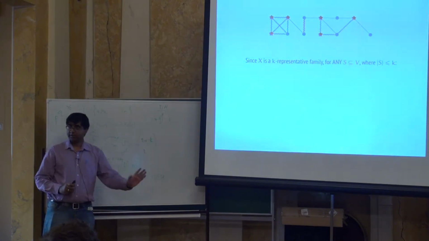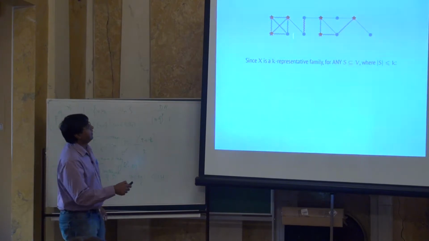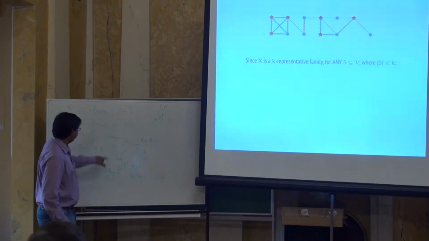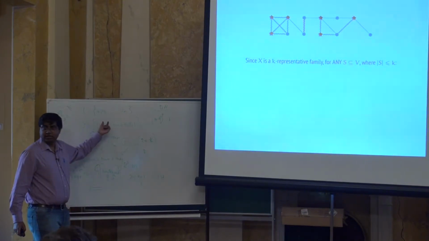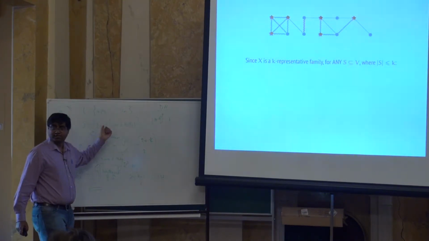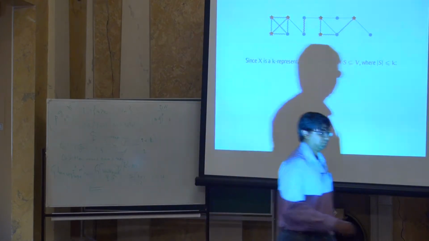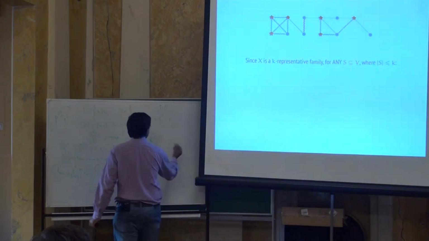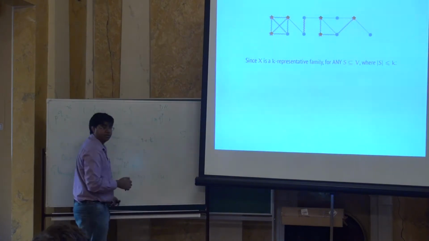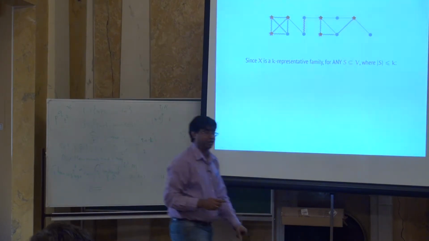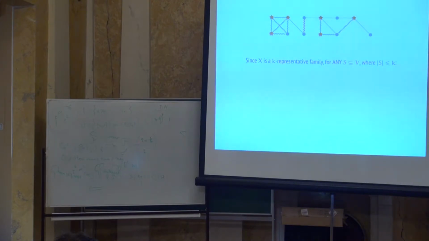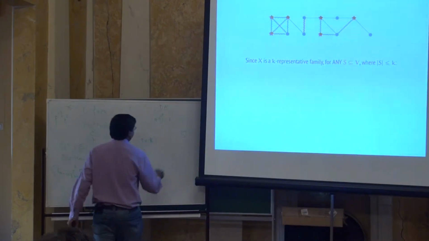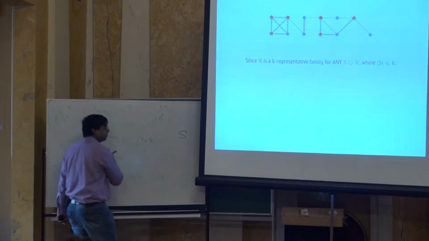It's very simple. This edge is not hit by your vertex cover. Your vertex cover is S, the one you gave me. Why is it not a vertex cover of this?